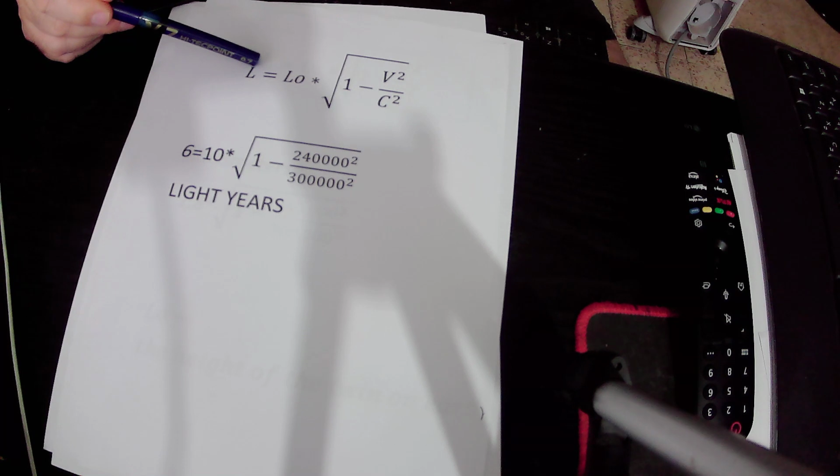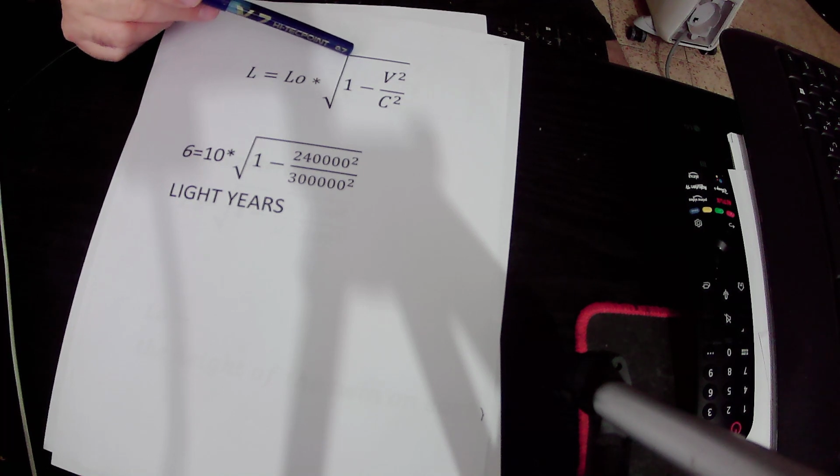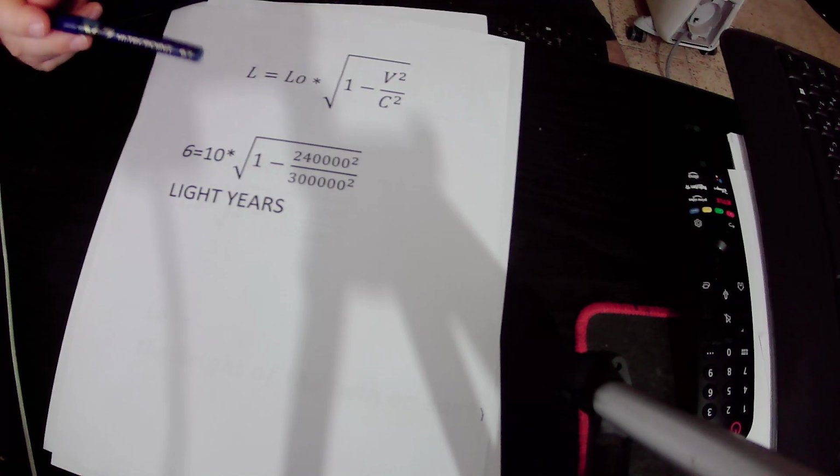because of the fact that the spaceship is moving at very high speed. So L equals L naught times the root of 1 minus v squared divided by c squared.